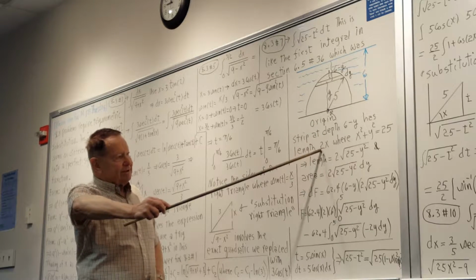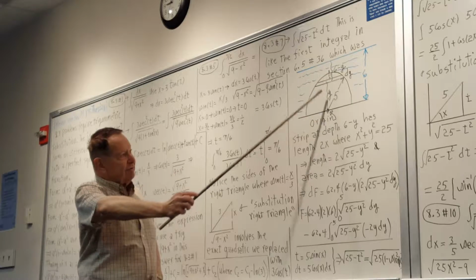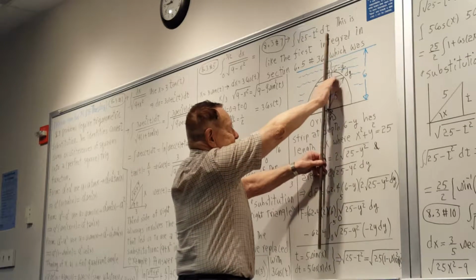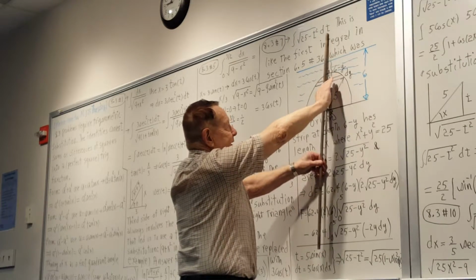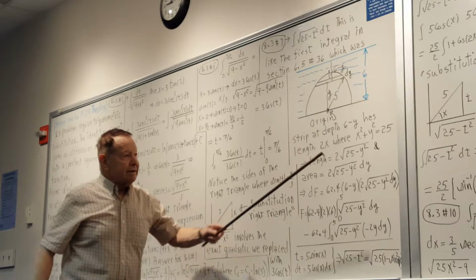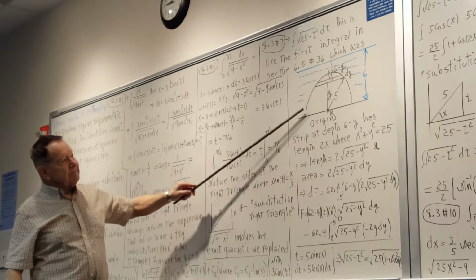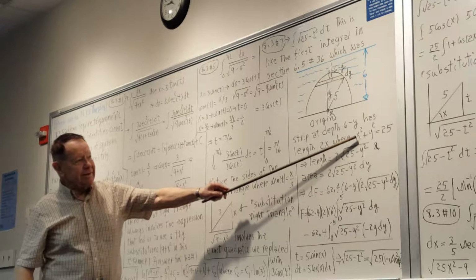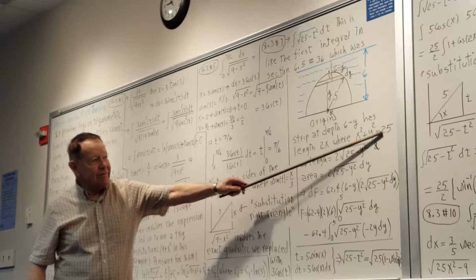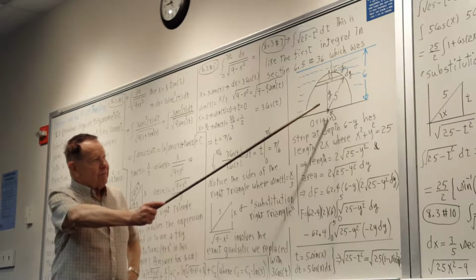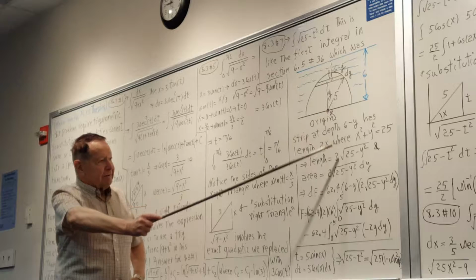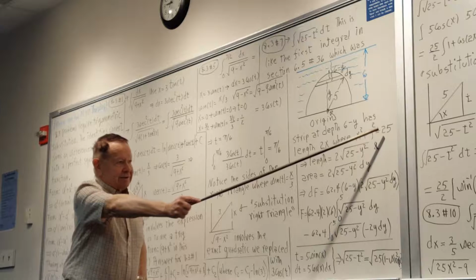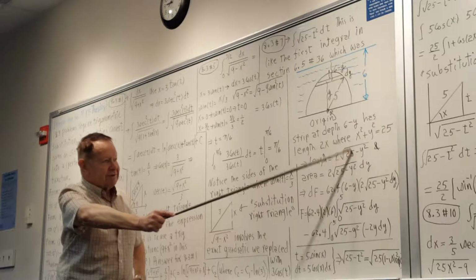So this strip has a length of 2x if your y-axis is here and it's x each way, right or left. And we have the formula for the circle when the origin is here, which would be the sum of the squares equal the squared radius. So then your x, if you solve this for x, is square root of 25 minus y squared.